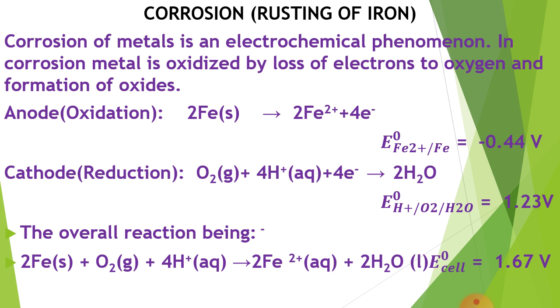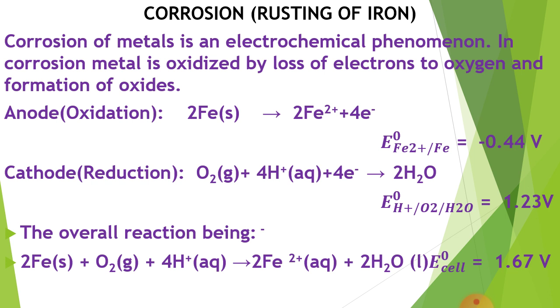Now a simple example of rusting is taken to explain corrosion. Anode oxidation: 2Fe converts into 2Fe²⁺, liberating 4 electrons, E° equal to −0.44 volt.